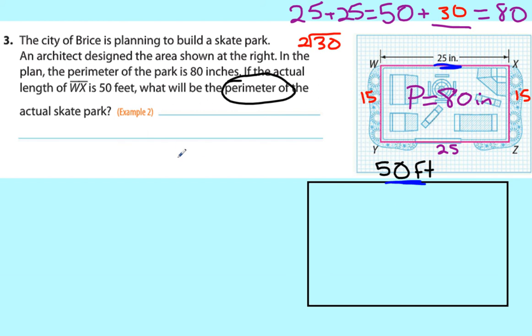And since it's getting bigger, can we say our scale factor is just equal to 2? Right? I mean, we could make it more complicated because this is inches and this is feet. So we could change them around, but we're going to end up with the same thing either way. So we're just going to say our scale factor is 2. So we're going to take all of our numbers and we're just going to multiply them all by 2.